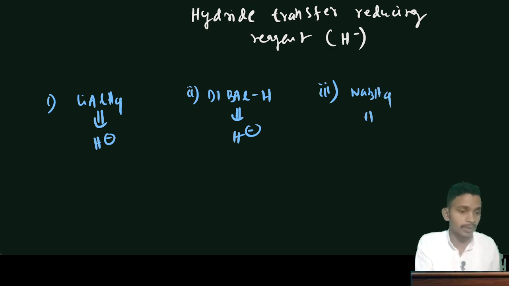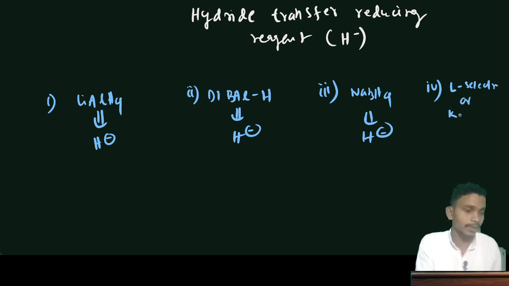Here also we'll get H minus. Now the fourth type I'm going to discuss is L-selectride or K-selectride. Here also we will get H minus.